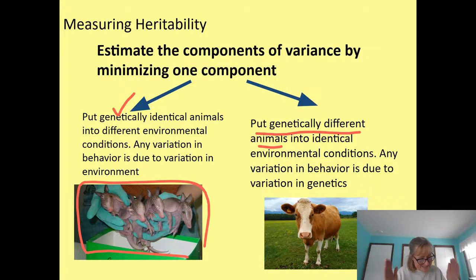We're going to put them in identical conditions and then look at variation in behavior and say, any variations we see in the behavior or in the trait, in the amount of milk that you produce, or in your aggression, or in your fear of handling, whatever. The amount of variation that we see in this behavior has got to be due to variation in genetics, because we've kept everything else identical. So you can measure heritability, or you could start estimating the proportion of phenotypic variance that's due to genetic variance by doing one of these two things.